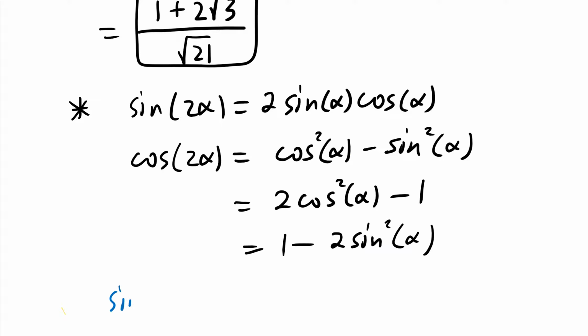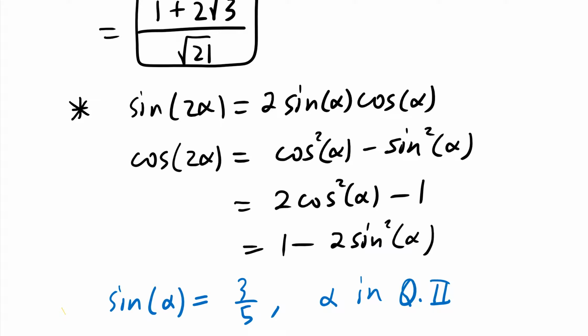So let's say we have sine alpha is 3 over 5, alpha in quadrant 2. Find sine 2 alpha.